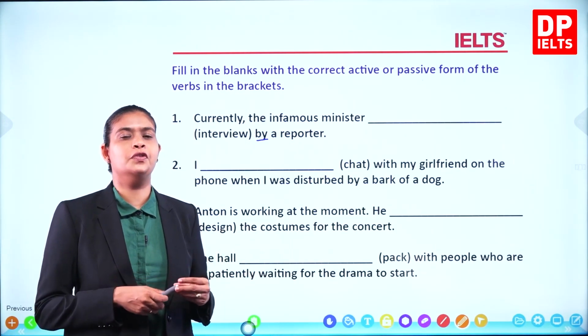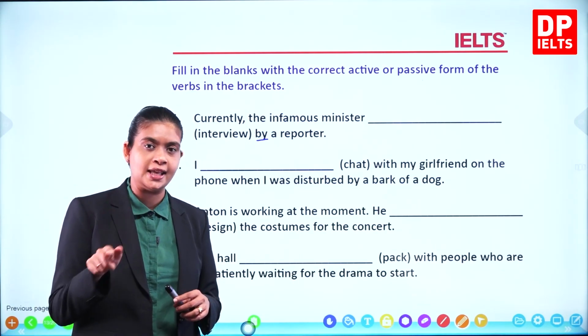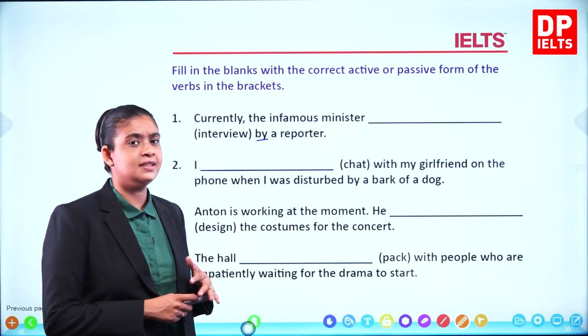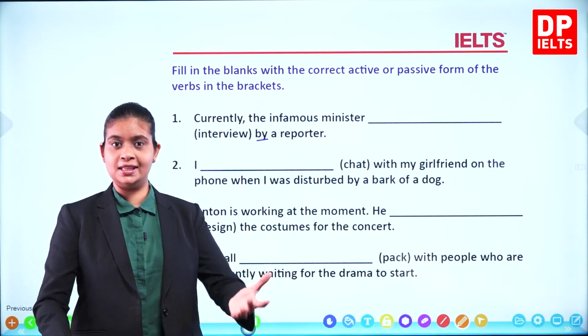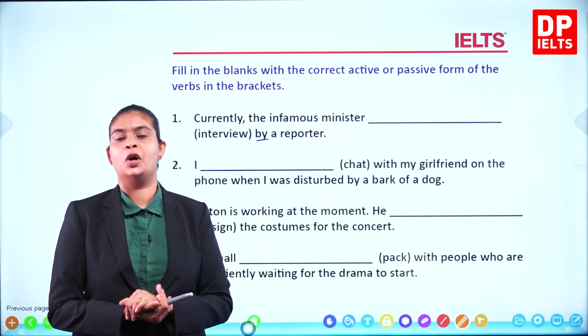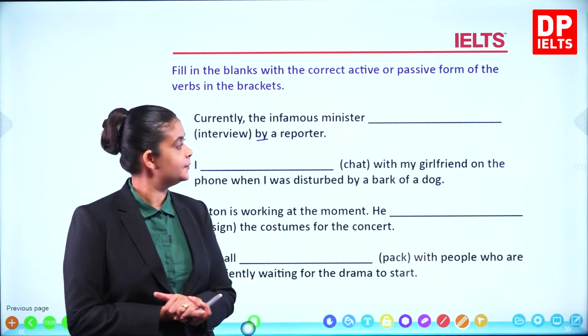If you're getting confused, I suggest you go back and revise the tenses and come and do active passive voice. Because some of the sentences here are very simple. It just belongs to a specific tense and you must know, right, okay, this is active. If not, if this is the structure, then it should be passive, right?